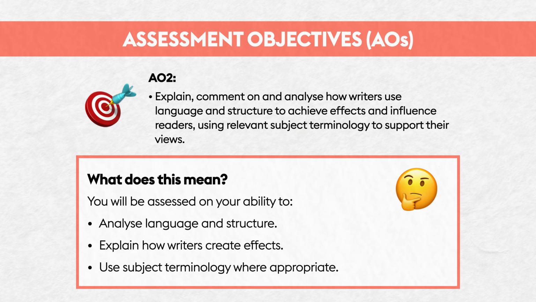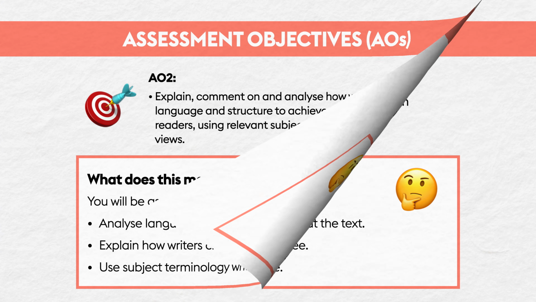You should use subject terminology where it's helpful, but remember, naming a technique is not enough. You need to explain the effect of the writer's choices. In Paper 1, AO2 is assessed in Question 2 and Question 3.